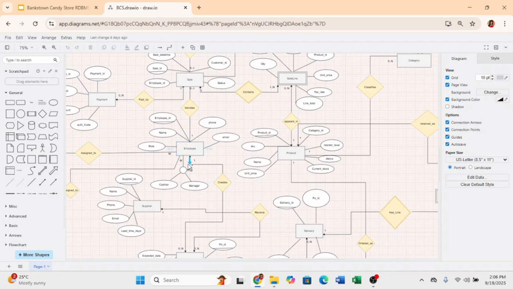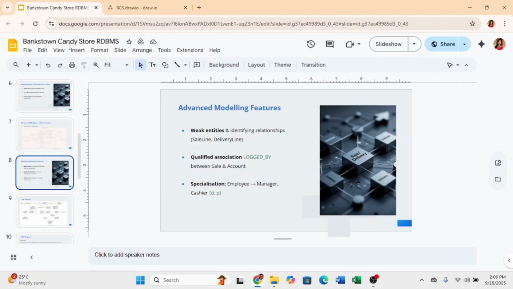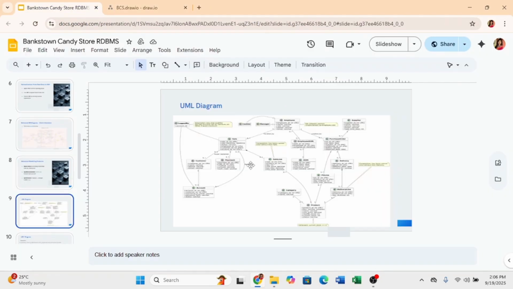Specialization is a way to represent inheritance or subclassing, where an entity is divided into subclasses based on specific attributes or roles.